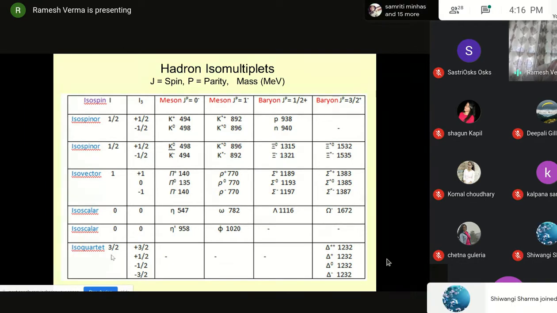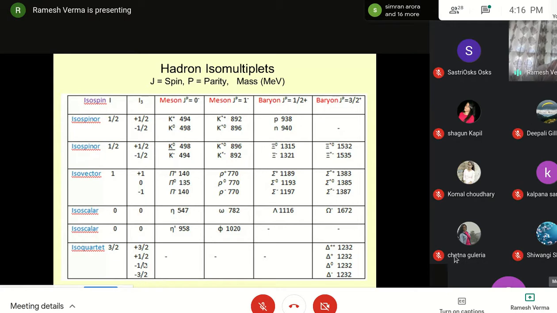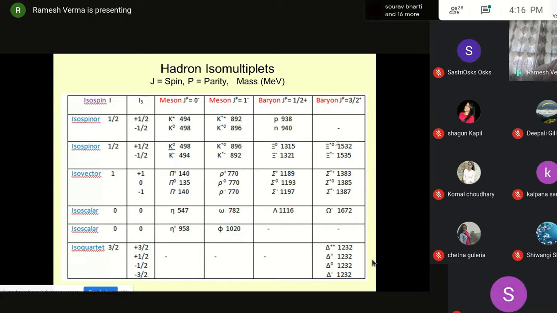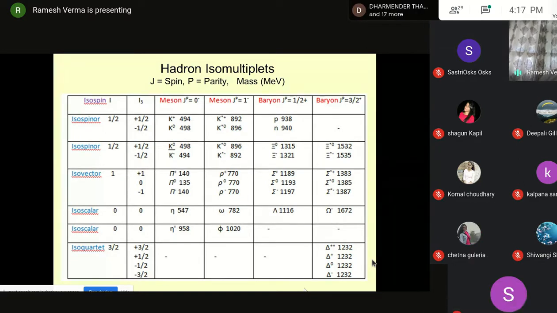That means isospin value of 3/2, and there are 4 possibilities for I3 starting from minus 3/2 to plus 3/2. This is a very unique kind of delta state which carries spin 3/2. But the point here, I'm sure everybody is convinced that we have many isomultiplets which show isospin symmetry to a very large extent. In fact, isospin breaking is very small, of the order of 1 or 2%.